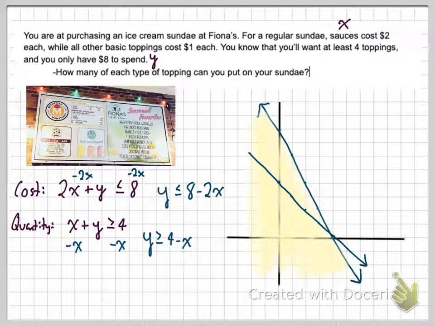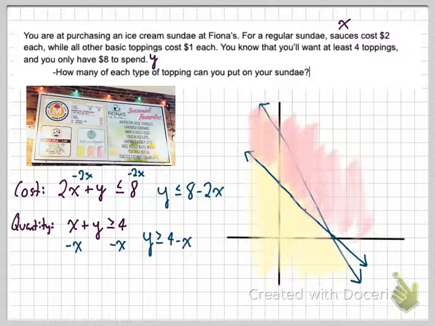And make my line. For this graph, I want to shade everything above it. So I'm going to shade everything over here. Here I can see that my overlap is going to happen in this little triangle area right here.